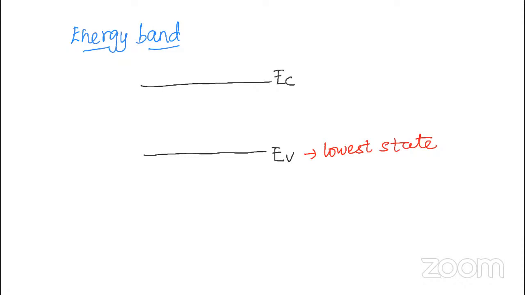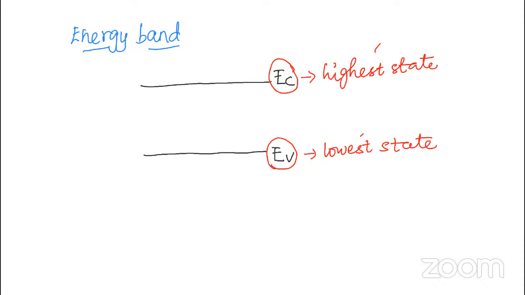It is nothing but the conduction band, the highest state. So the lowest state is represented as EV, and the highest state is represented as EC.